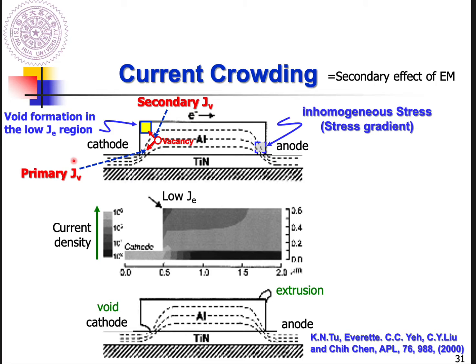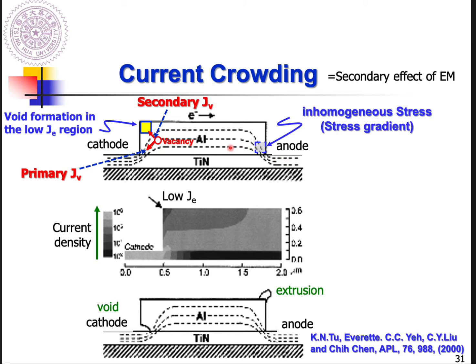This is the direction of current. If we want to plot the direction of the electrons, it will be the opposite direction. They will go here, go up, pass through this aluminum line, and go down.